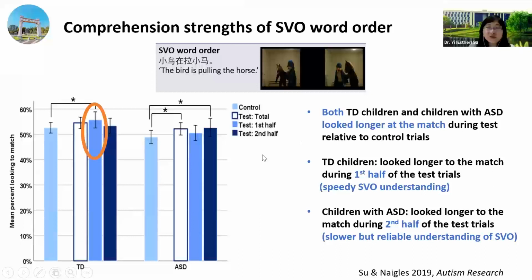The control trial just says look at both sides, 看两边都有. TD children look longer to the match during the first half of the test trial, so they have speedy SVO understanding. But children with ASD look longer to the match during the second half of the test trials, so they have slower but reliable understanding of SVO.